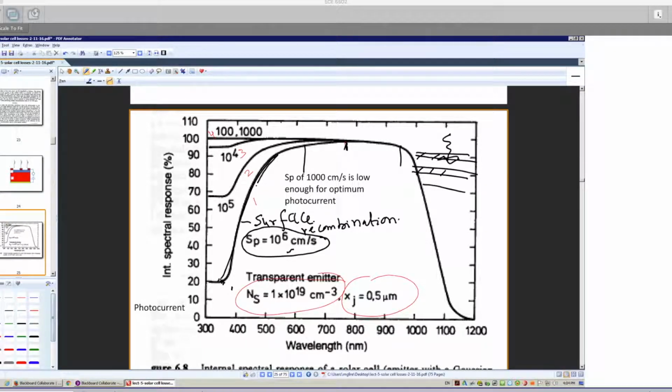But if you improve the surface recombination velocity by passivation, it doesn't go down as fast, and if you bring it to this level, the spectral response is pretty flat. So for the solar cell, your goal is a high and flat spectral response over the full solar spectrum.